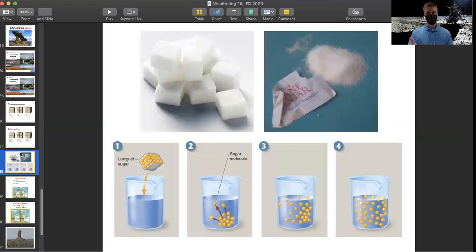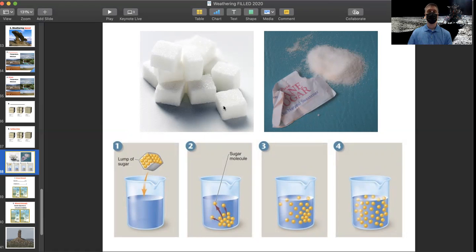Another example is sugar dissolving in water. If there's a sugar packet with loose sugar and a sugar cube, where that sugar is basically just compacted into a cube, and it's the same amount of sugar, which would dissolve completely first? It's going to be the sugar packet. As soon as you put those into water, in the sugar packet, water can get to every little crystal from all sides immediately.